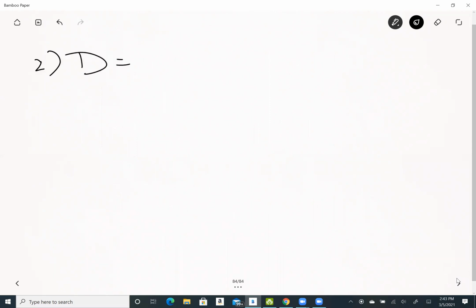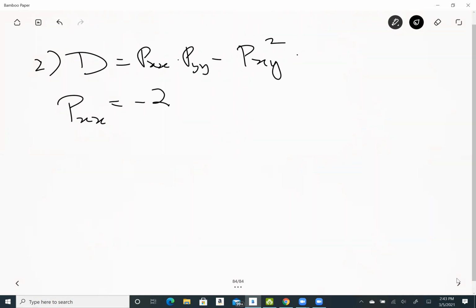So the D is equal to Pxx, Pyy minus Pxy squared. So I need Pxx. Now Pxx, the derivative of Px with respect to x, will be -2. Is that right? And then Pyy, the derivative of Py with respect to y, you also get -2.